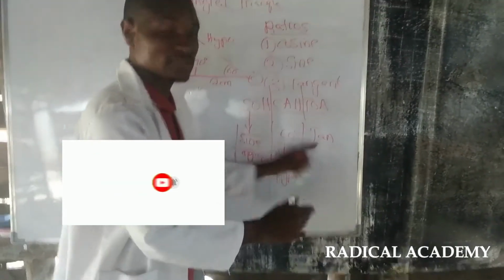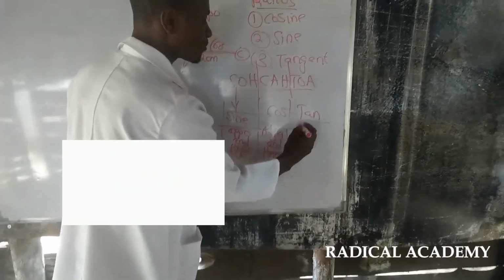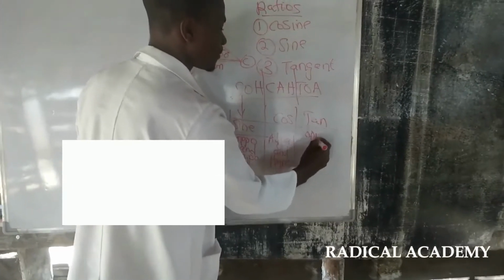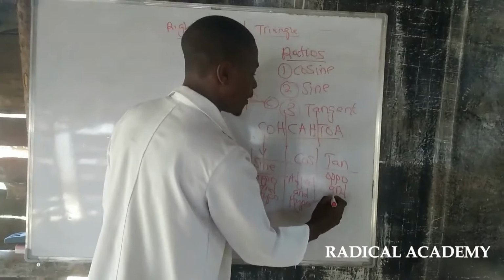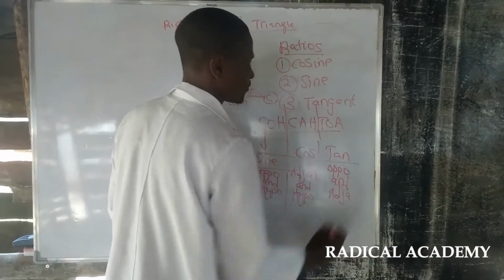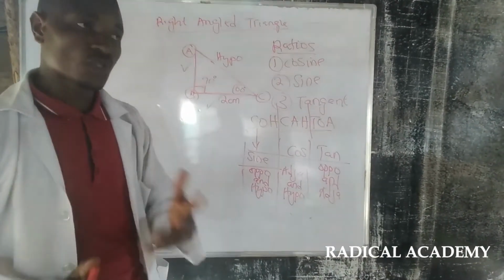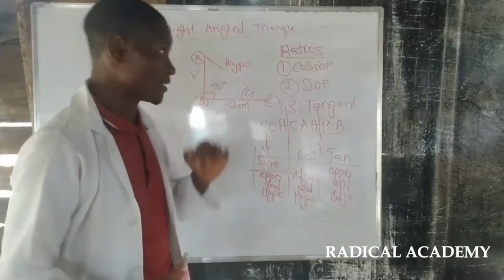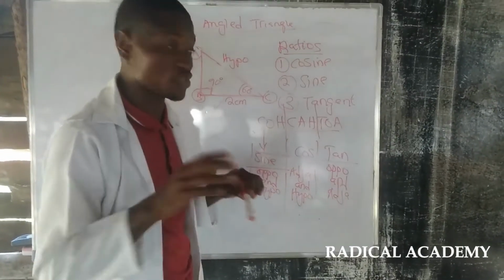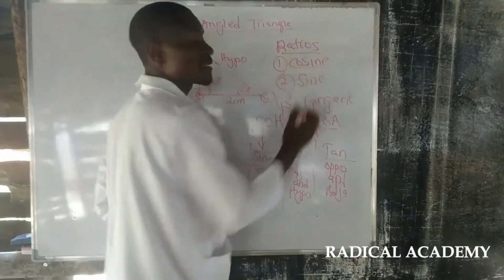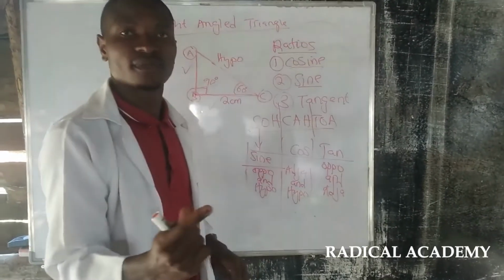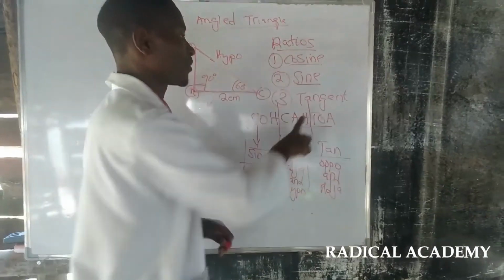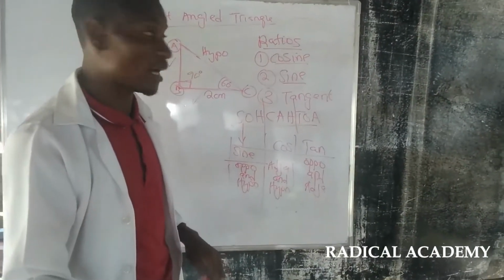And the tan has the opposite as well as the adjacent. So what it simply means is that in these ratios, the cosine represents an angle, the sine represents an angle, the tangent represents an angle.